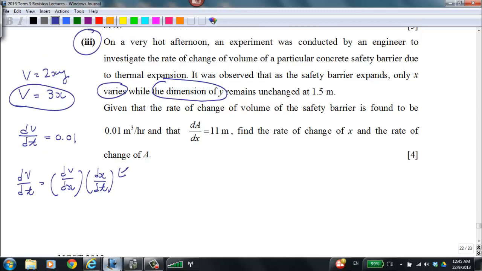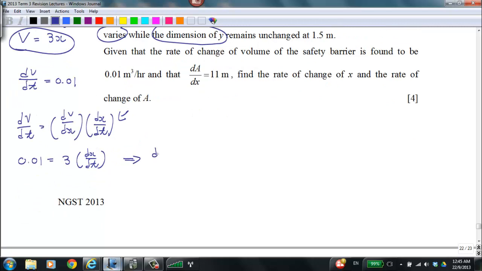So dV/dx is actually very fast, it's 3, so 0.01 equals 3 dx/dt, which means that dx/dt is equal to, let's see whether I can make it into a very nice number. This is 1 over 100, so this is 1 over 300 meter per hour.